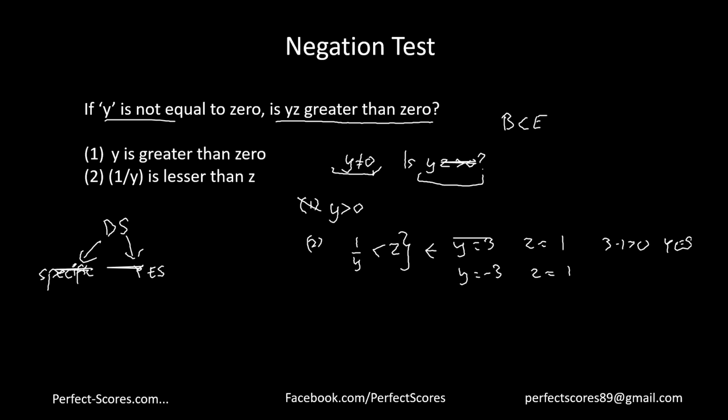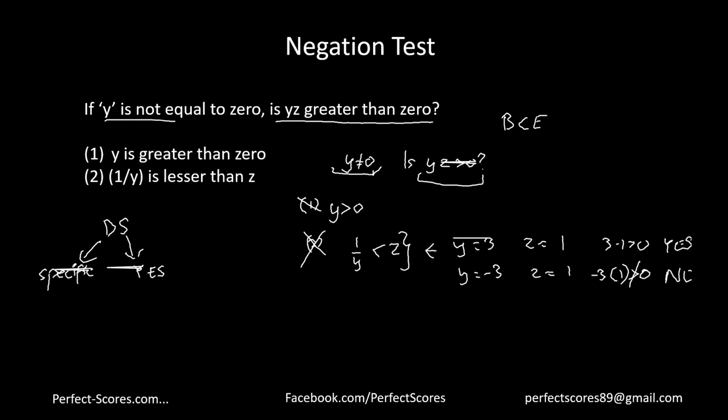If that is the case, the statement is still satisfied, because 1 over y is actually less than z. And is y into z greater than 0? No. -3 into 1 is not greater than 0. So I have a yes, I have a no. That means the statement is insufficient.